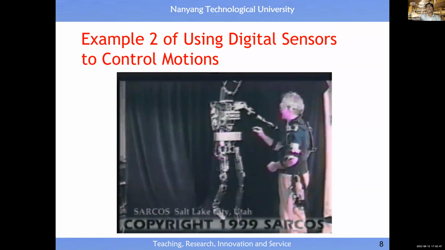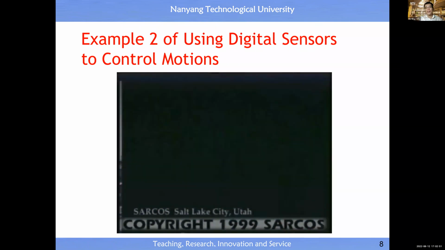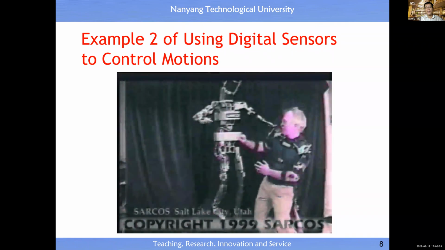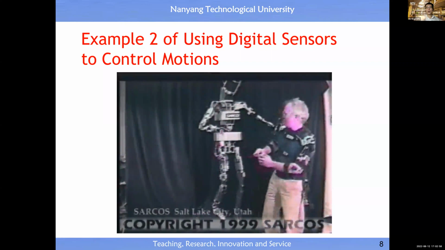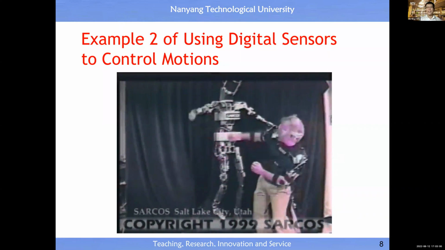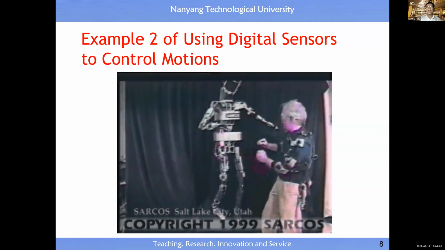So you see all the joints basically perform angular motion, right? The previous example was a linear motion, and in this example you see rotational motion, all right? And in the manufacturing industry, many motions are of this type. So it's a rotary motion, okay?